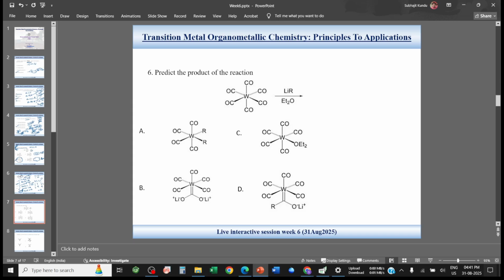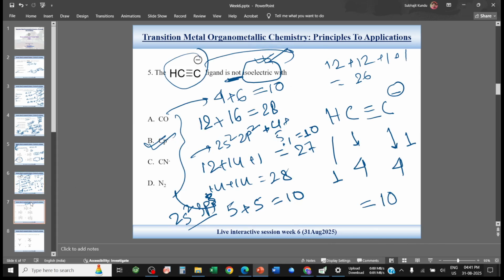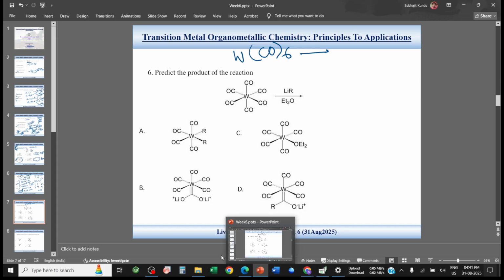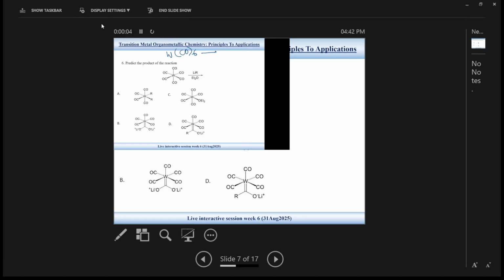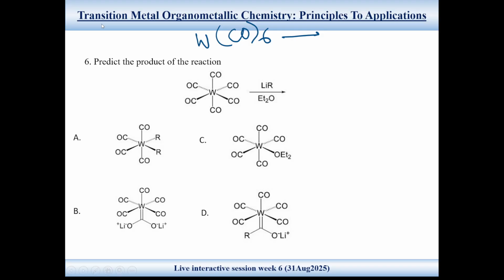It is tungsten hexacarbonyl, W(CO)6. Sir, the slide has not moved yet, it is showing slide number 6. Okay, now it is open.